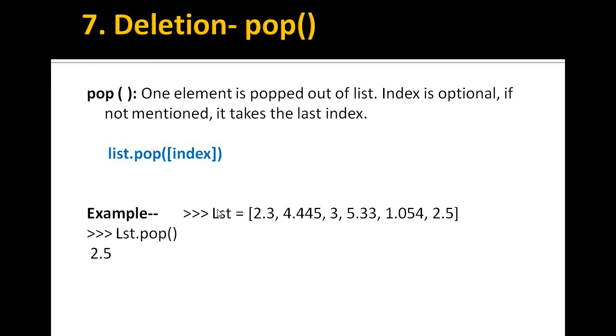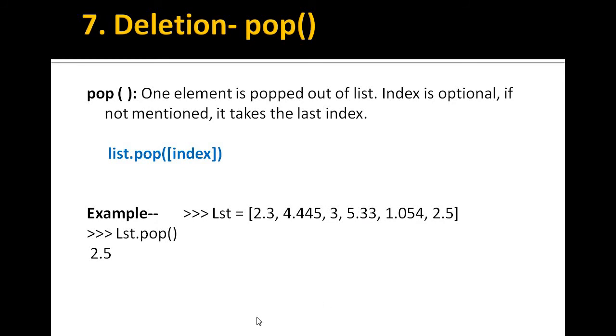For example, for the list here, you do not pass any index in the pop method, and so it deletes the last one. When you try to print the list again, you will get this list without 2.5. Now it will have only 5 values, 1, 2, 3, 4, 5.